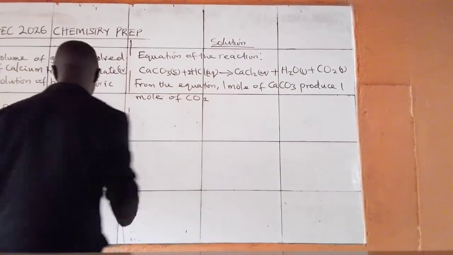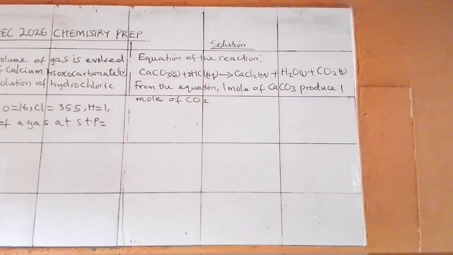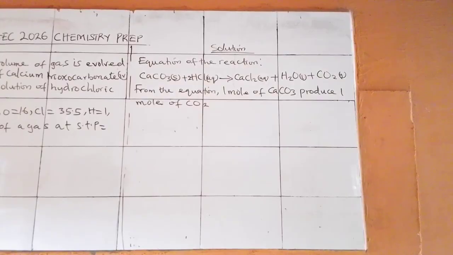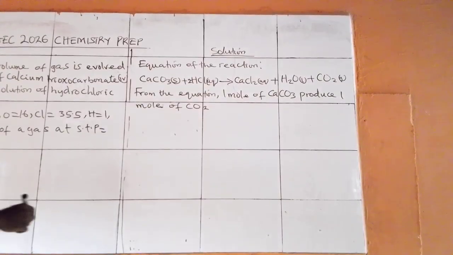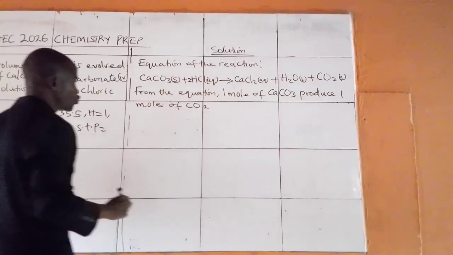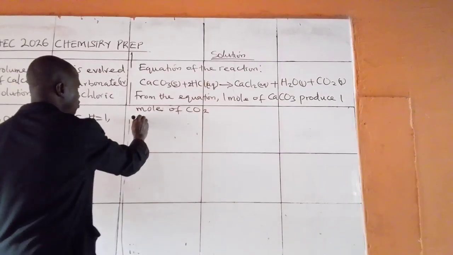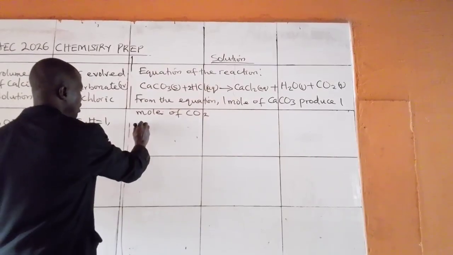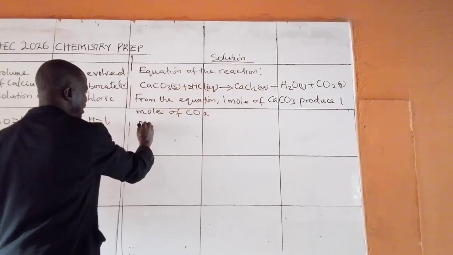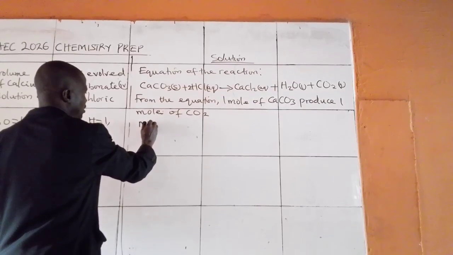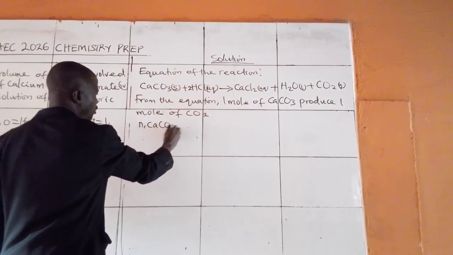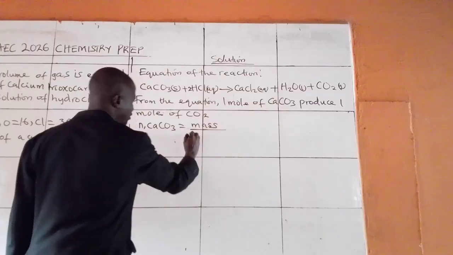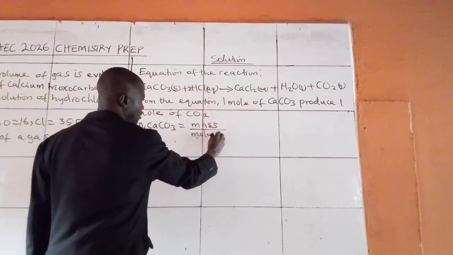Now based on the values given in the question, the reactive mass of calcium trioxocarbonate(IV) is 2 grams. So we need to calculate the mole of calcium trioxocarbonate(IV). Mole, that is n of CaCO3, is equal to mass all over molar mass.